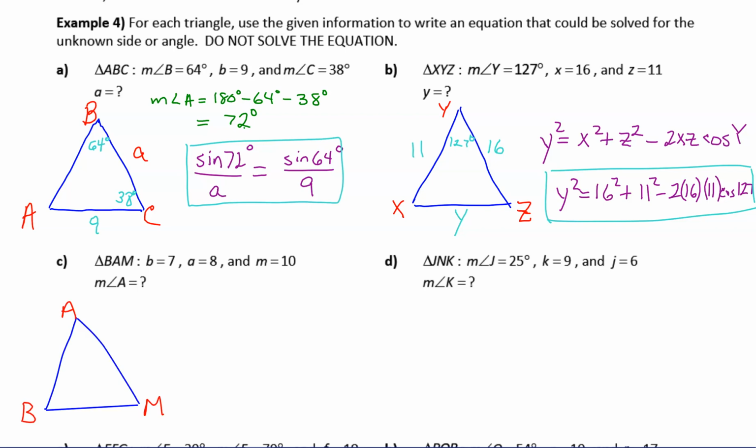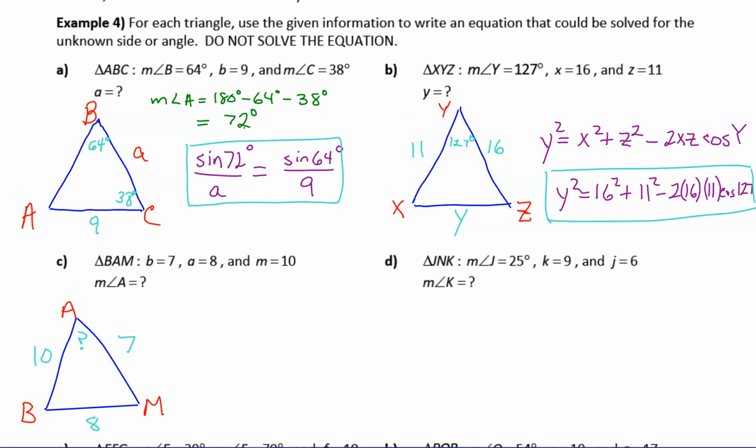This one has side measures given of 7, 8, and 10, and we're looking for angle A. Notice again, this one has 3 sides and 1 angle mentioned. This would imply that we're going to use the law of cosines.